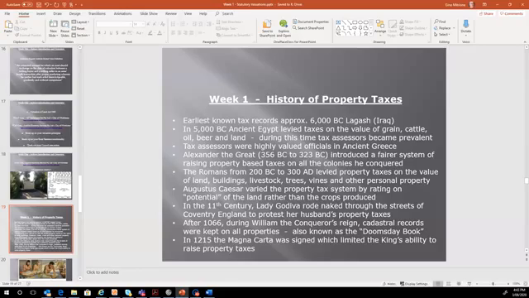In 1066, during William the Conqueror's reign, cadastral records were kept on all properties, also known as the Domesday Book. So we have specific and very descriptive information on all properties within Victoria.